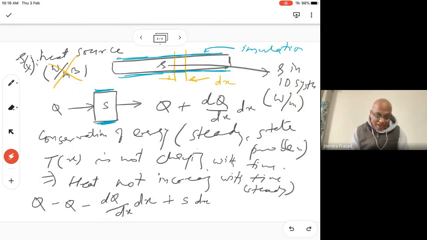That means whatever this was, you multiply by area, that will give you this S basically. So in a 1D system, we will take watts per meter. For a 2D system, we will take watts per meter square. For a 3D system, we will take watts per meter cube. So here it is watts per meter. You just have S multiplied by dx as the heat source, the total heat coming to the system, and all of them have to be equal to 0.